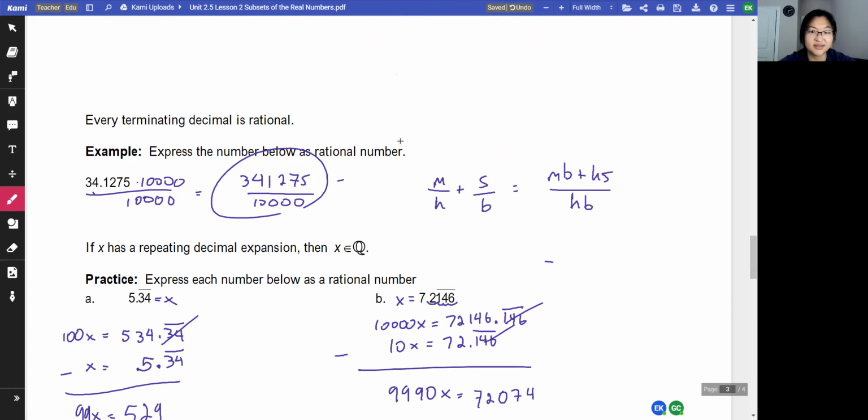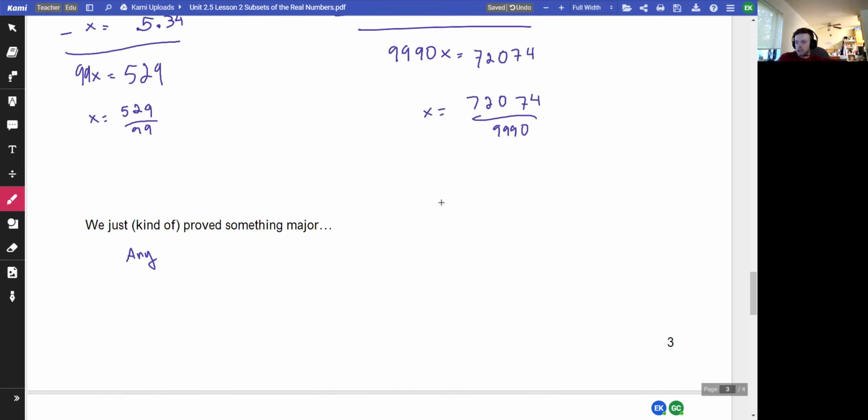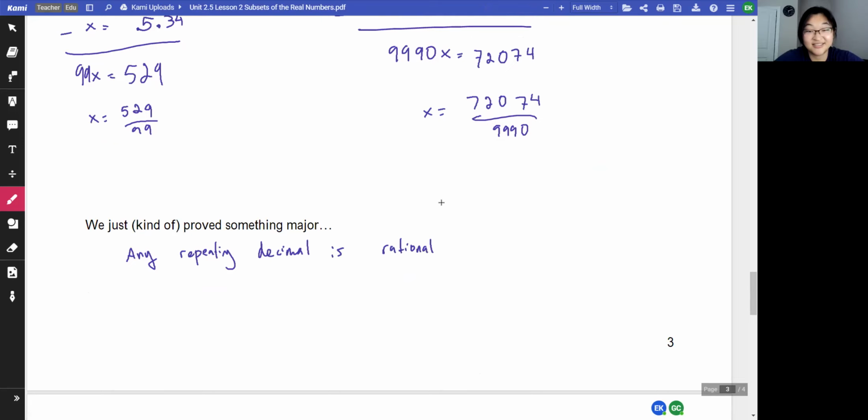Repeating zeros, like 34.12750 repeating. So I think we just showed that any repeating decimal is rational. Excellent. What is the contrapositive of this?